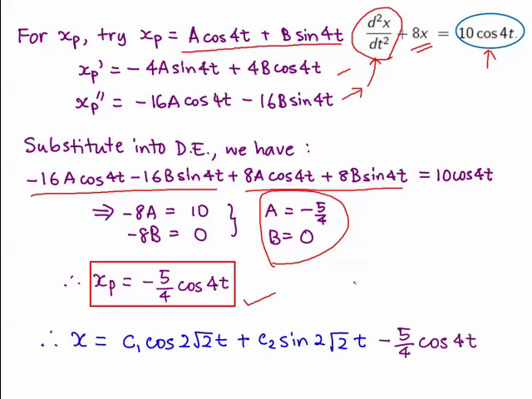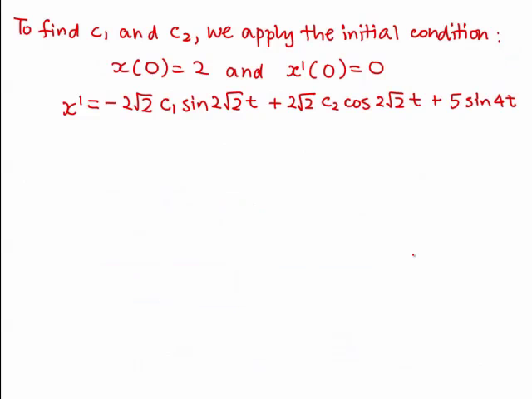Now that we have found the particular solution, we can write down the general solution for this problem, which is x = c1 cos 2√2 t + c2 sin 2√2 t - 5/4 cos 4t. Now, to find the values of c1 and c2, we apply the initial conditions, x(0) = 2 and x'(0) = 0.